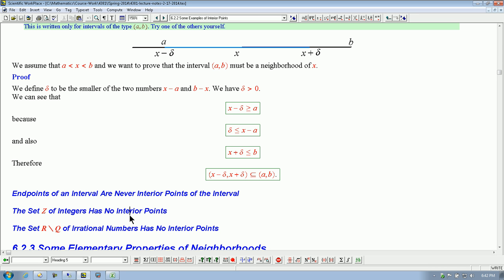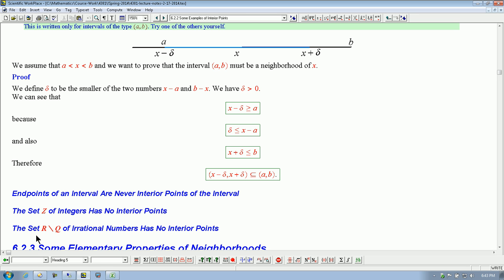If you take any real number and a positive delta, and you go from that number minus delta to that number plus delta, there are a bunch of numbers in there, right? There's no way they can all be integers. You understand? So no number can ever be an interior point of the set of integers.